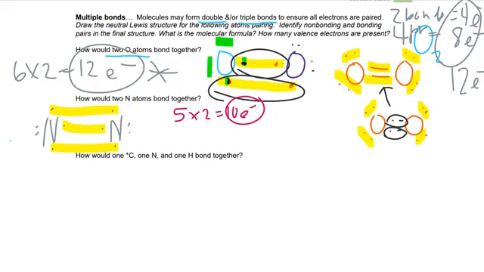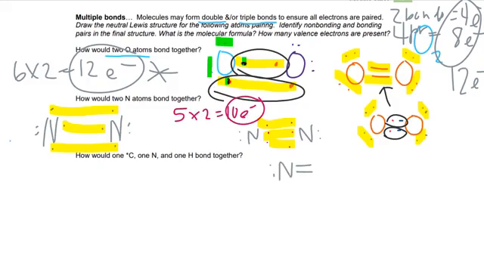Each N has the lone pair on its side, and then they're going to form this 1, 2, 3, 1, 2, 3, where, let's see if I can show these here. 1, 2, 3 will want to form together, and then it's going to end up looking like this.